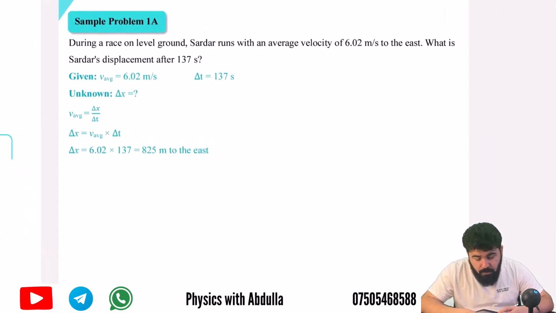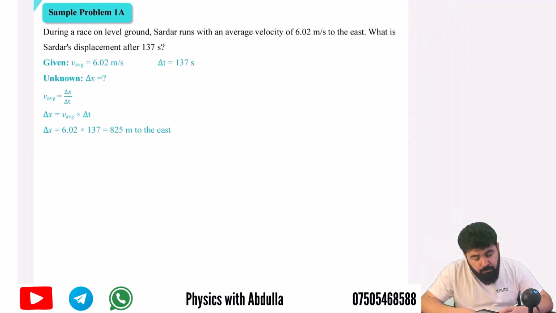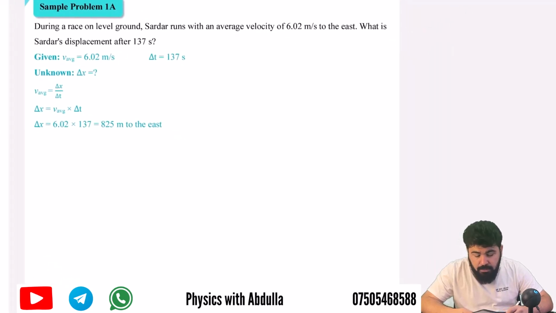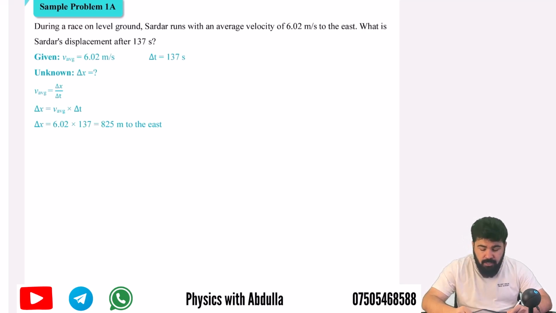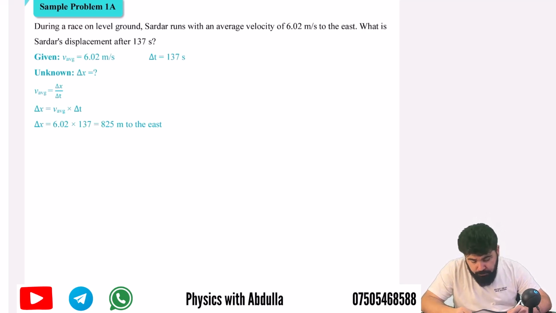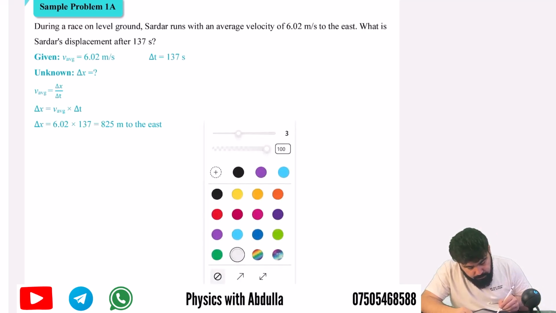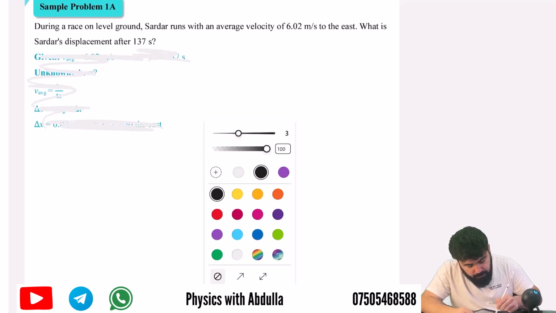Now, we have question, sample problem 1a. During a race on level ground, Serdar runs with an average velocity of 6.02 meters per second. Okay, so let me erase that. Okay.